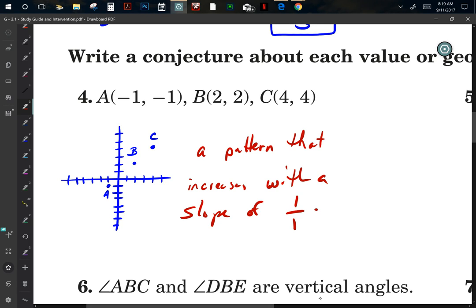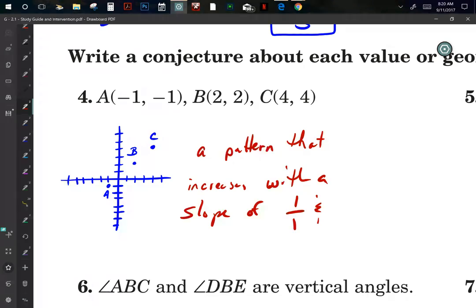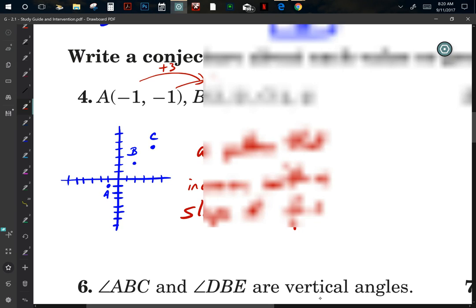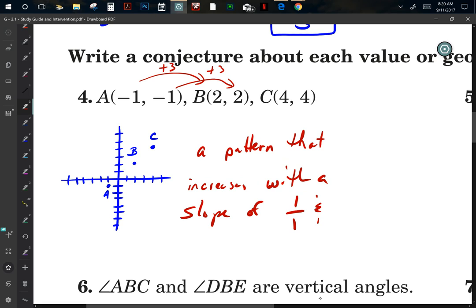You could say, and doubling. See, because we added 3 to that. From here to here, we added 3, right? But from here to here, we added what?